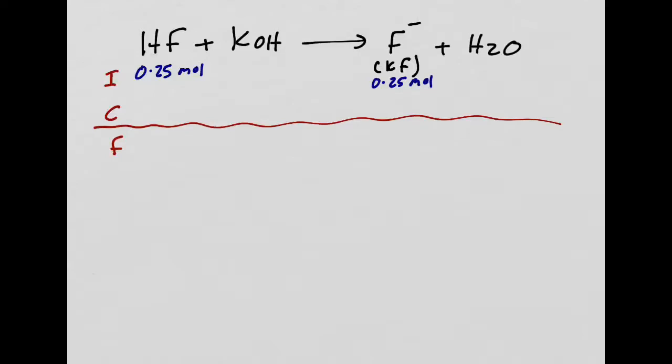And I added KOH. How much KOH did I add? I added 0.20 molar KOH. I don't know how many moles I added, but I added 300 mL, so 0.300 liter.